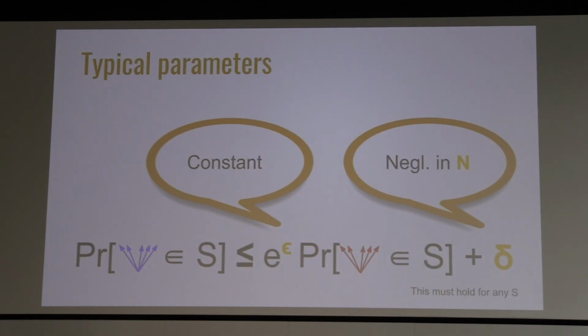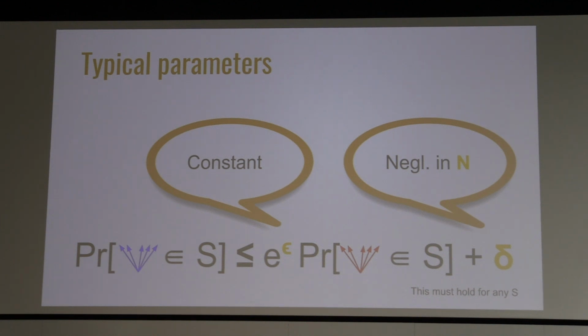Okay, before I talk about our algorithms and lower bounds, I want to revisit how to set these parameters. Salil already mentioned this. For epsilon, I'm going to assume it's some constant independent of n. Typically, we want epsilon to be like 0.1 to 1. For delta, I want it to be a negligible function, because you should think of delta as the probability that some individual will fail to get privacy.